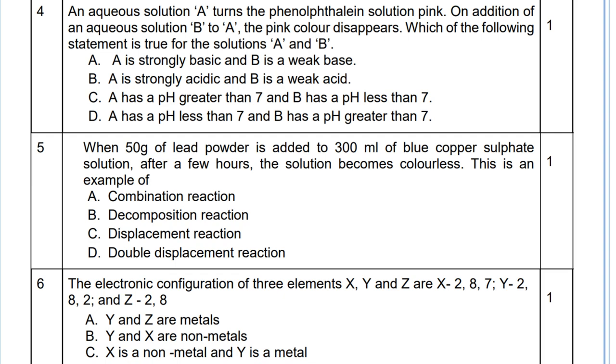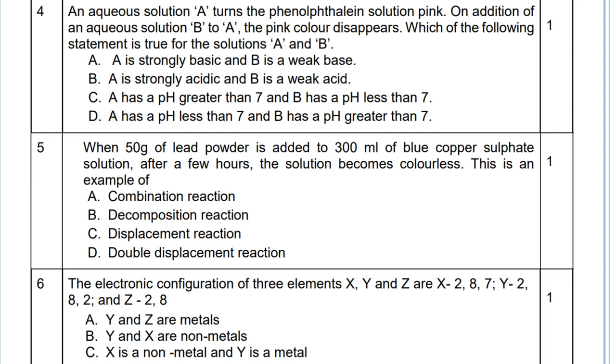B. A is strongly acidic and B is a weak acid. C. A has a pH greater than 7 and B has a pH less than 7. D. A has a pH less than 7 and B has a pH greater than 7. Correct answer is D. A has a pH less than 7 and B has a pH greater than 7.